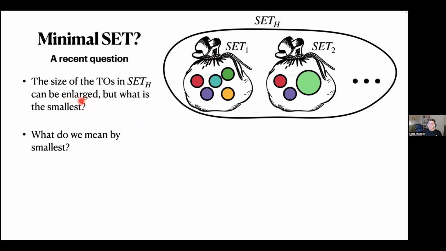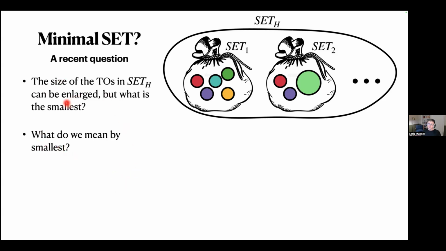So what I just told you is that the size of the TOs in SET sub H can always be enlarged, but can they always be shrunk? And what's the smallest? The LSM theorem, Lieb-Schultz-Mattis, will tell us that in some situations, given filling and symmetry constraints, we can't shrink them all the way to an empty bag. We must have something.